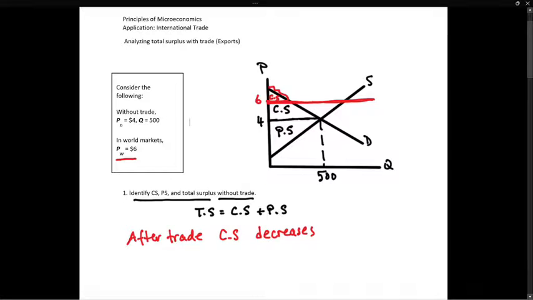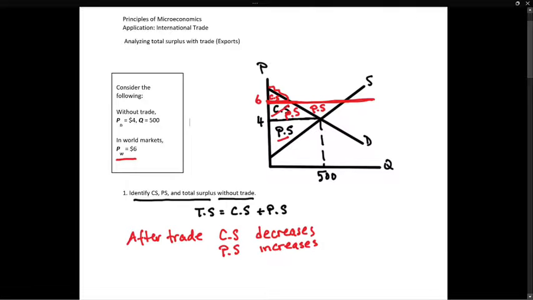So what's the new producer surplus? It's this area here, and some of that consumer surplus will be transferred to the producers, and additionally, producers will gain this surplus. Let's put that here. Producer surplus increases.